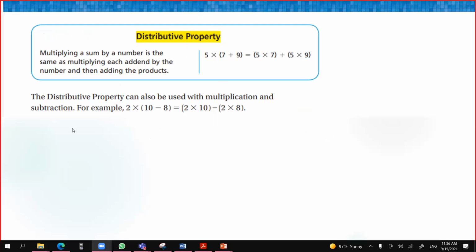Now here we have a distributive property, but for the subtraction. What do I mean by that? Like here, if you have 2 times 10 minus 8. Here, you have to do the same steps. Open 2 brackets.